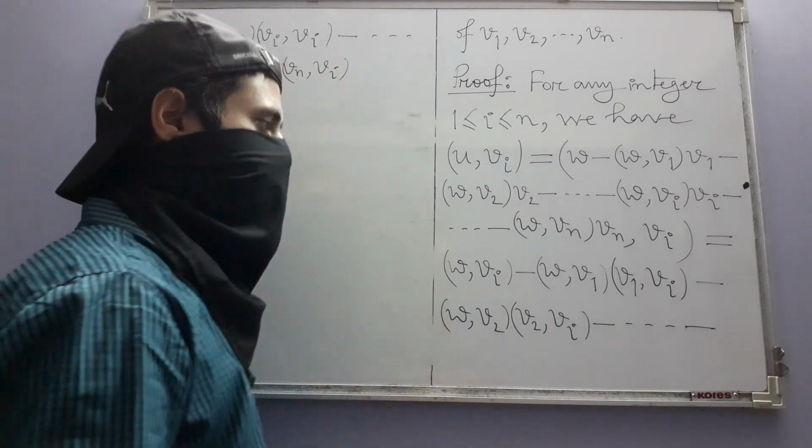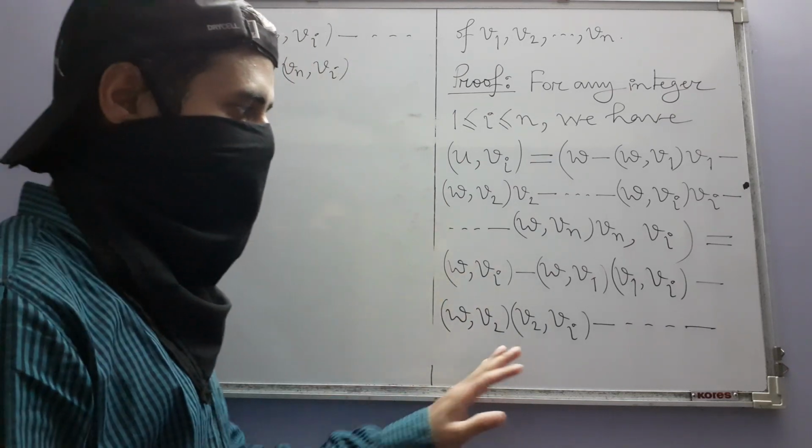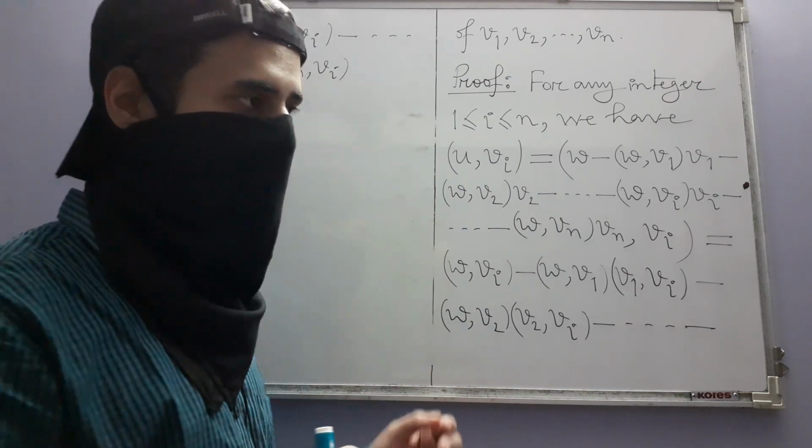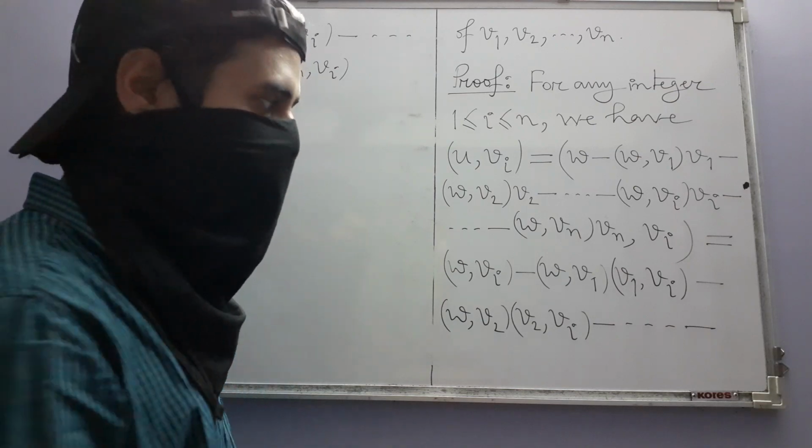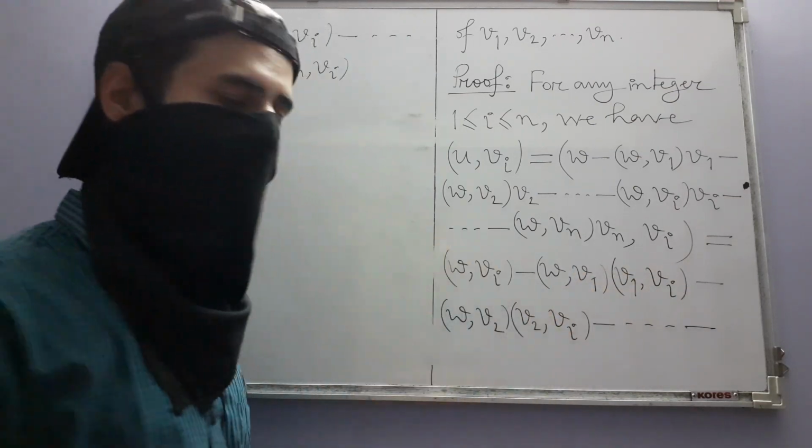Now note that so far we haven't used the hypothesis that the vi's form an orthonormal set. Now we are going to use it, because now we have this kind of inner products.